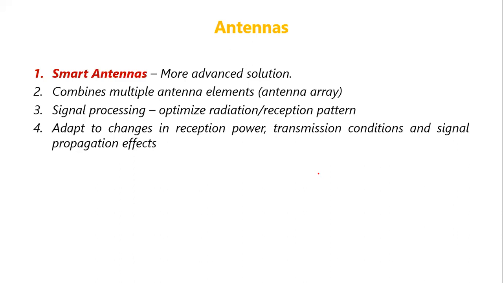So we have discussed around 4 or 5 types of antennas. The first type of antenna that we have discussed is the isotropic radiator, which is a theoretical reference antenna which radiates equally in all directions, but no such antenna exists in real time.